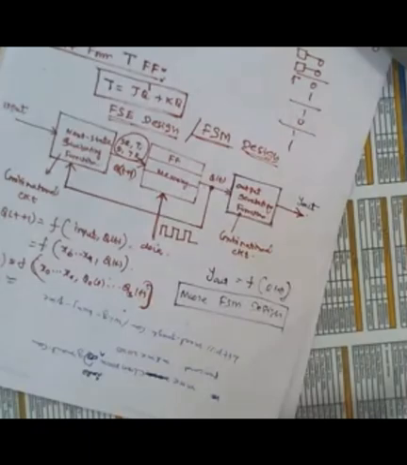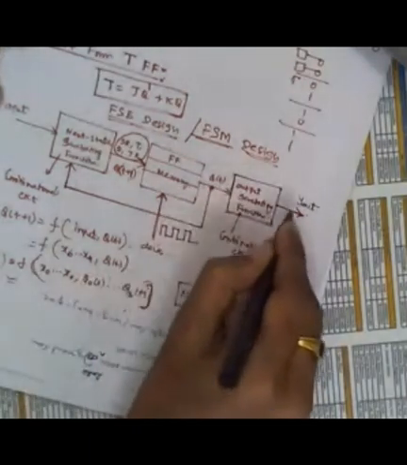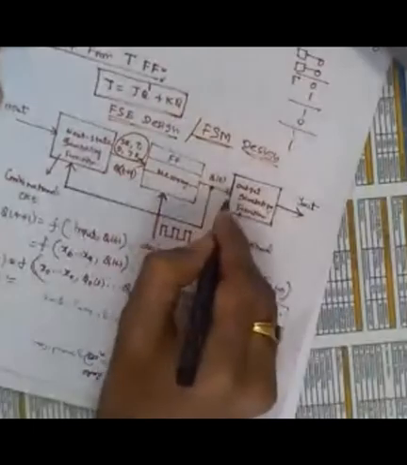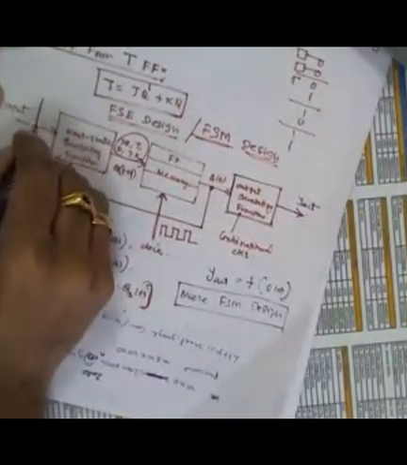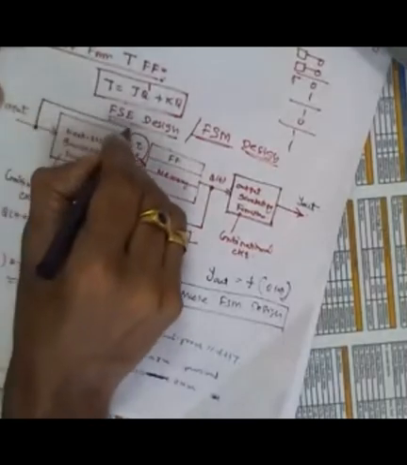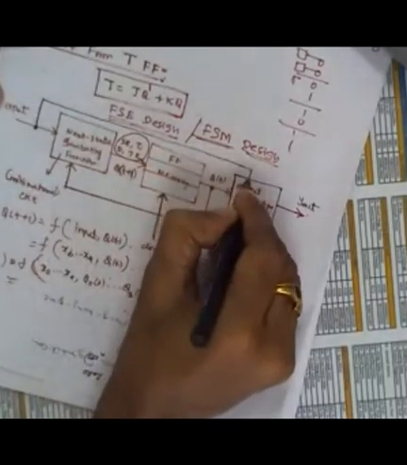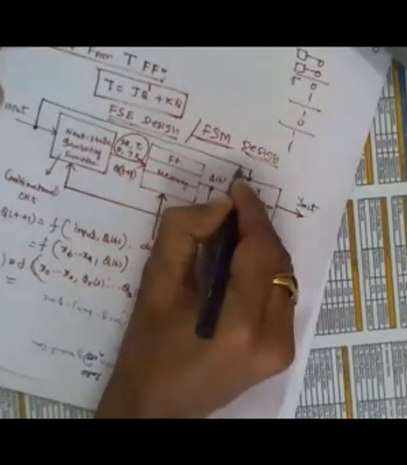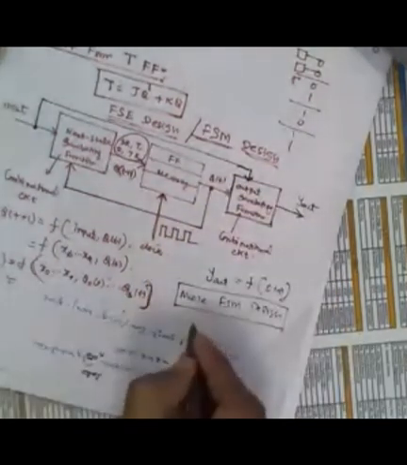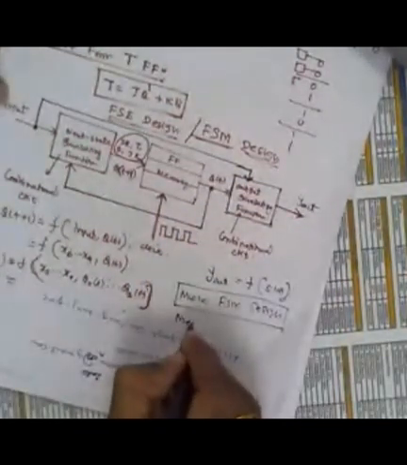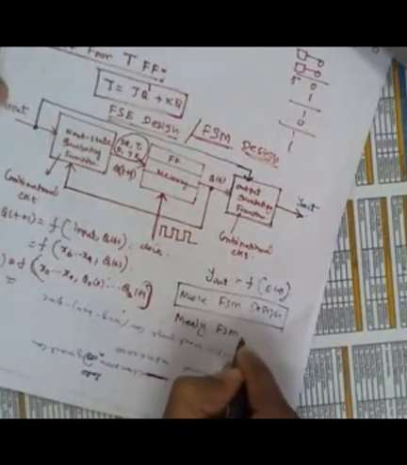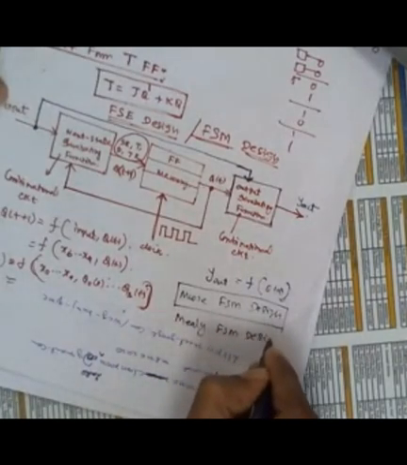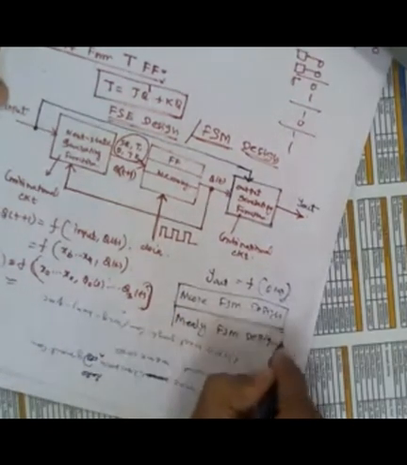Or one more design is, suppose sometimes I need to decide the output as a function of present state, and also as a function of input. So I'm directly tapping the input here. That input is going into the output function. So this is what we call a Mealy machine, Mealy FSM design.